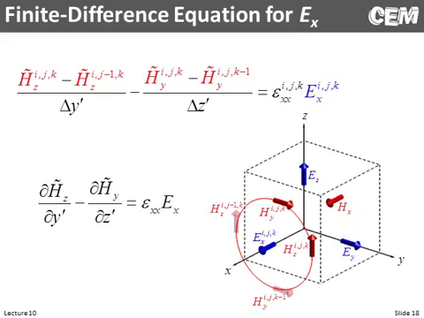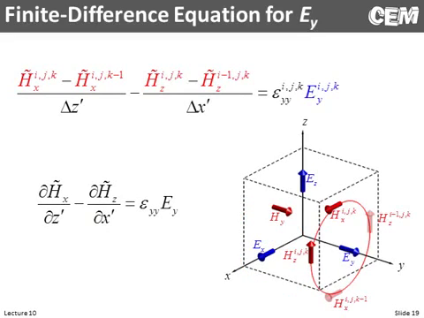Only two more equations. Hopefully this is getting repetitive and you're seeing the pattern. We're going to call this next equation the equation for E sub y. We're going to define epsilon yy to exist at the same points as E sub y. Our first derivative is h sub x in the z direction.